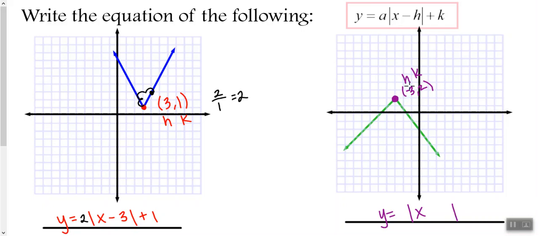Now, filling in, my h is -3 on the graph, which means it's going to be plus 3 inside the bars. H is always opposite. My k is 2, and it's a positive 2 on the graph, which means it's a positive 2 in the equation.